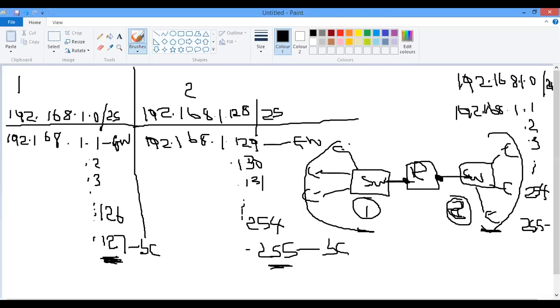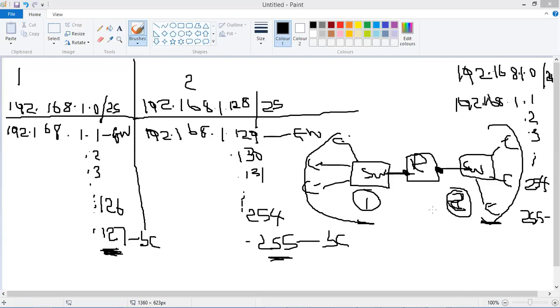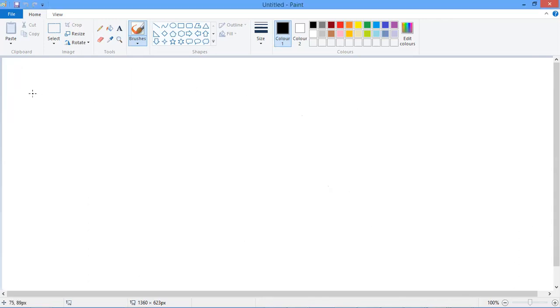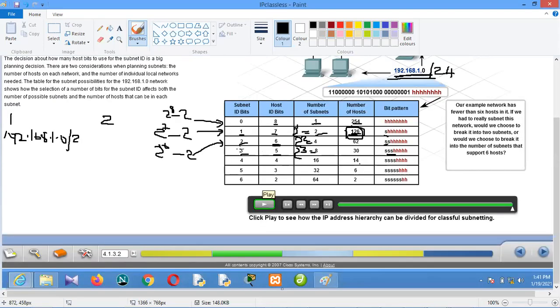Okay, let's try to see how we can borrow more bits.